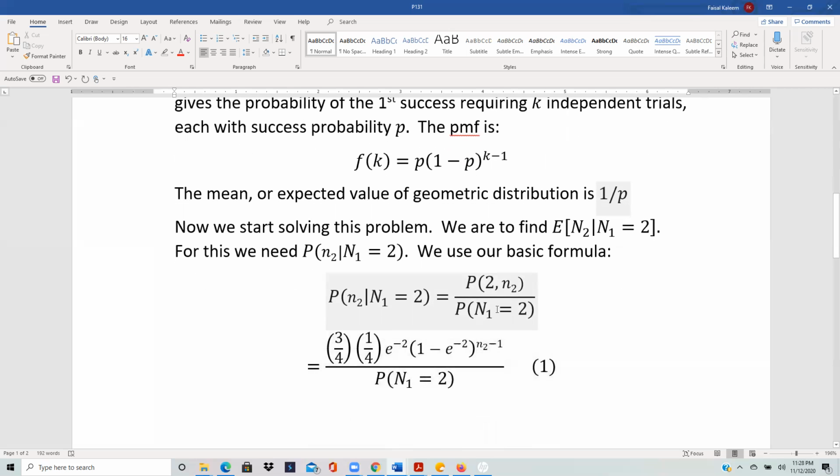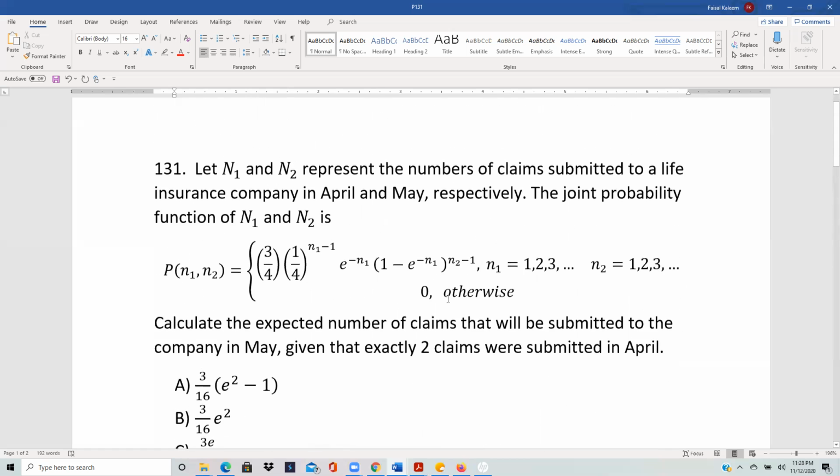So the probability of 2 comma N2 will be obtained by substituting N1 equals 2 in the PMF and keeping the N2 as it is. So when you substitute N1 equals 2, you get 3/4 times 1/4 to the power 2 minus 1, which is 1/4 to the power 1.